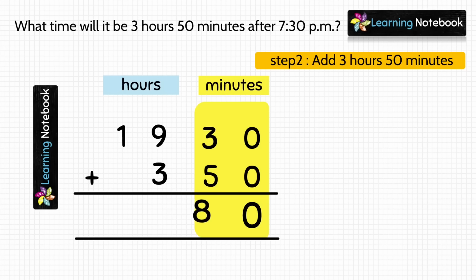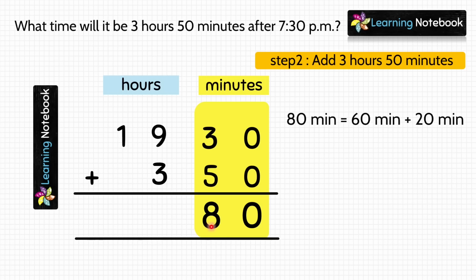And 80 is greater than 60. So we can write 80 minutes as 60 minutes plus 20 minutes. And 60 minutes equals 1 hour. So 80 minutes equals 1 hour plus 20 minutes. So instead of writing 80 in the answer, we will write 20 and carry 1 hour to the hour column.